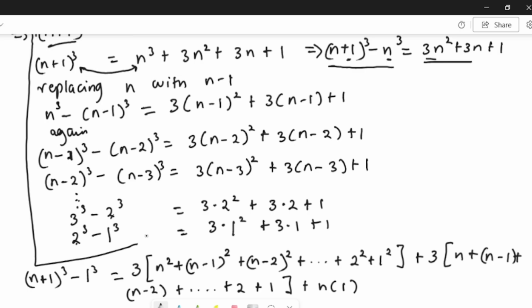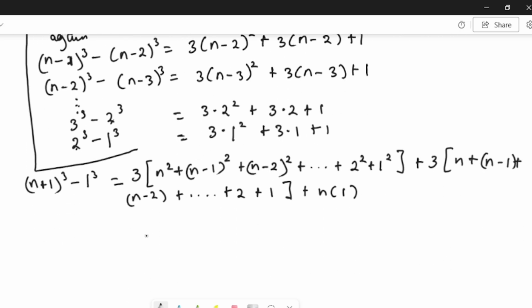After getting that, now you come back and look at the equation, how it behaves. You will find that this one is the sum. You're going to have 3, the sum of squares from 1 to n, plus the other part here is 3, the sum of r's, and then plus n.